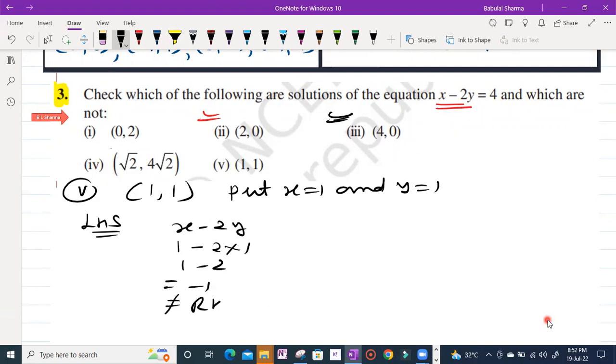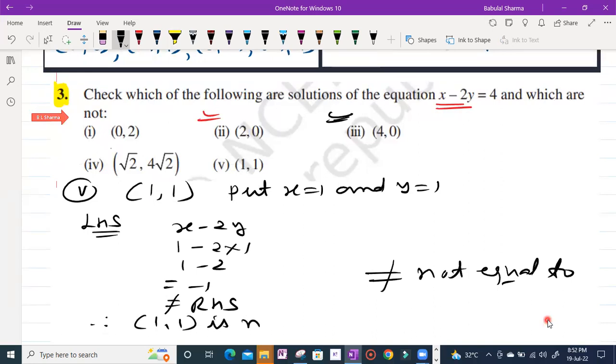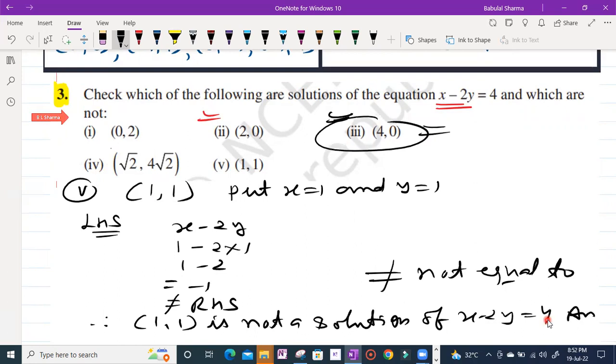And that is not equal to RHS. देखिए ये इक्वल किया और कट किया, इसका मीनिंग होता है not equal to. So therefore (1,1) is not a solution of the linear equation, that is x minus 2y is equal to 4, and that is the answer. So यहाँ पे हम चेक करते हैं कि जो हमारा थर्ड पार्ट है केवल यही (4,0) ही हमारा एक सॉल्यूशन है.